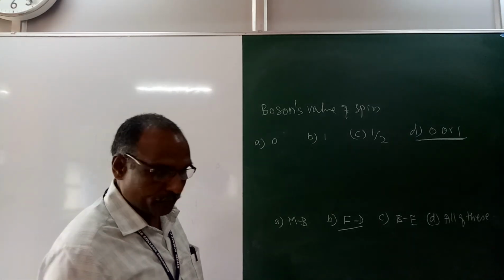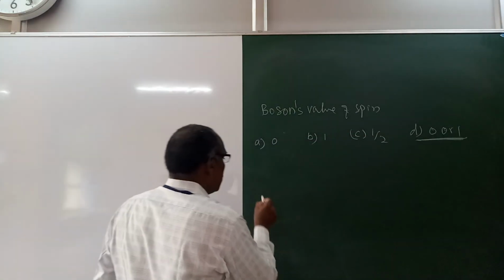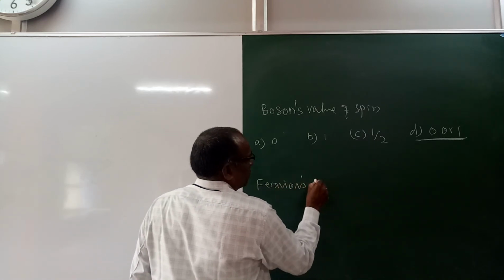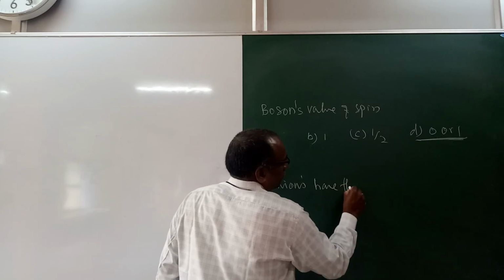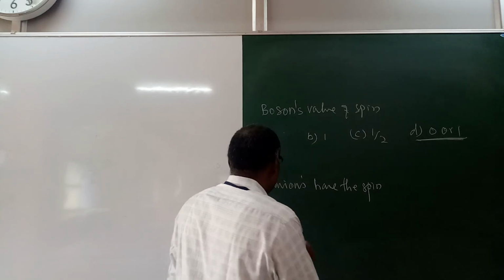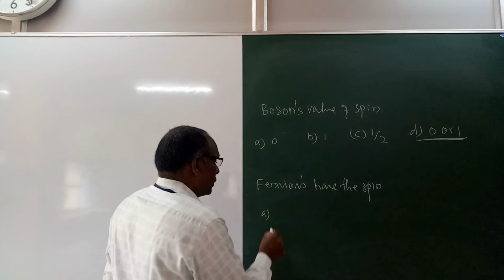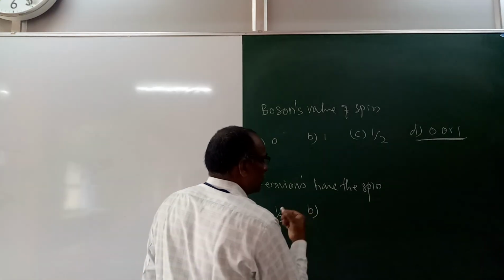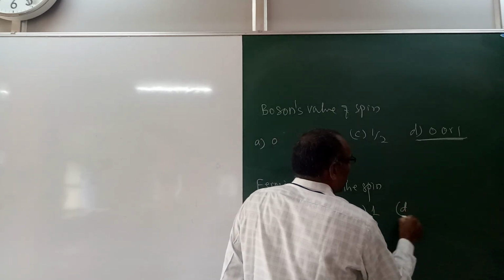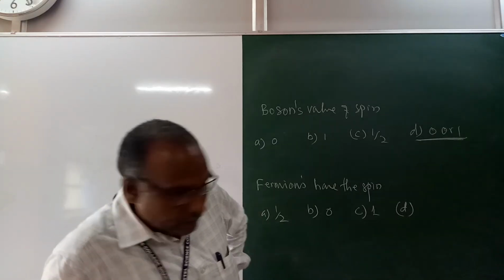Next question: fermions have the spin. The alternate answers are A is equal to half, B is equal to 0, C is equal to 1, D is equal to anyone.